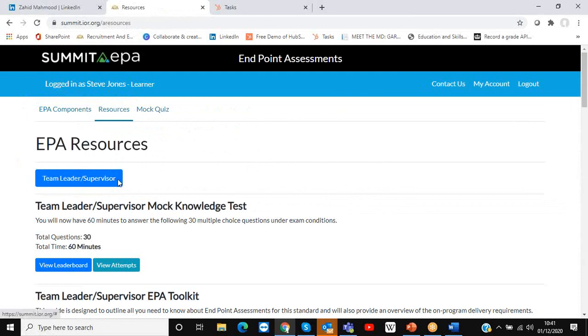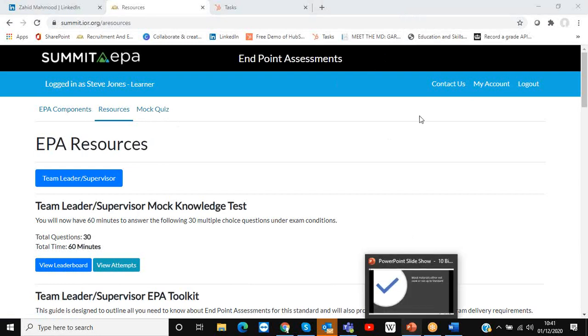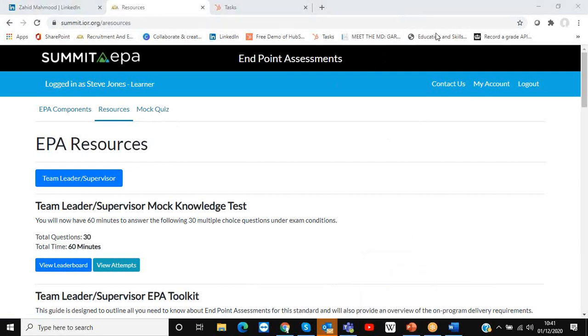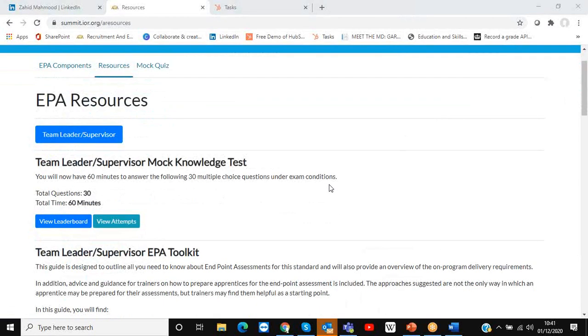So that's a little bit about our resources that you can very easily pick up from the system, etc. Just to add on top of that, Zach, from an assessor's standpoint, it's very easy to tell the learners who have actively used the EPA Toolkit compared to the learners who haven't.